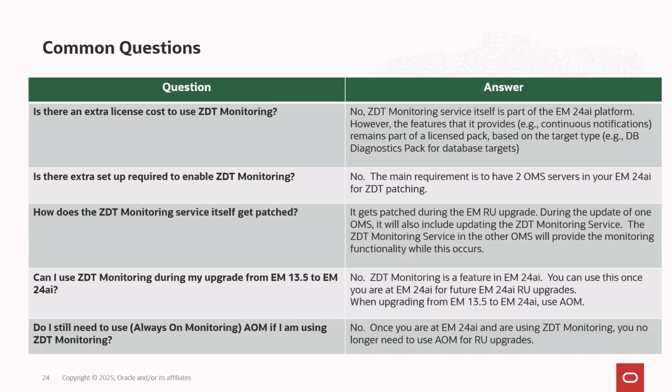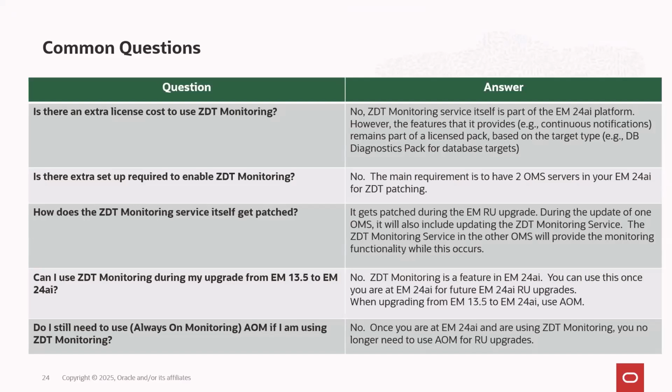And then we go and patch the other batch, which contains the monitoring service that was serving during the maintenance window. So basically, we don't leave the monitoring service unpatched. Because the monitoring service is deployed on each of the OMS nodes, we will make sure we patch the monitoring service that is running across the OMSs.